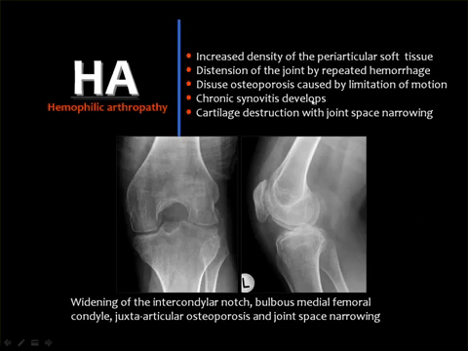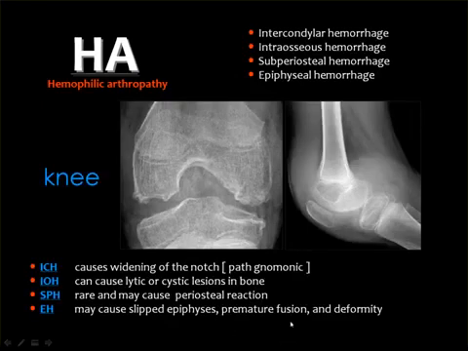Chronic synovitis will develop, and this will lead to destruction of the articular cartilage and consequently narrowing of the joint space. Then widening of the intercondylar notch in the knee is considered one of the pathognomonic signs of hemophilia. And this widening is due to the presence of intercondylar hemorrhage.